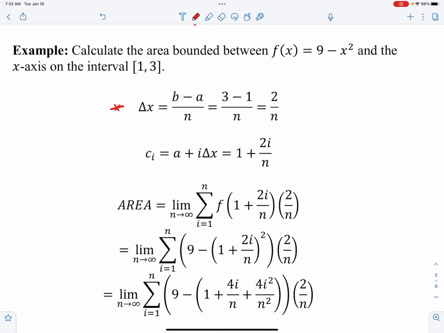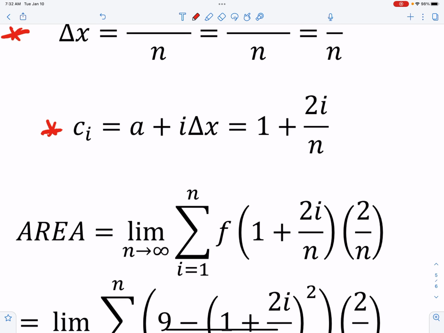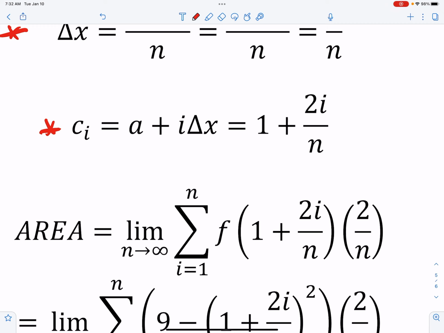And then c sub i would be 1 plus, so 1 is the value of a, right? The first endpoint of the interval that we're calculating area over, plus delta x times i, which is 1 plus 2i over n. Okay, so area is going to be equal to the limit as n approaches infinity of this sum.